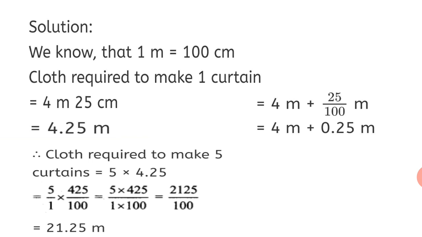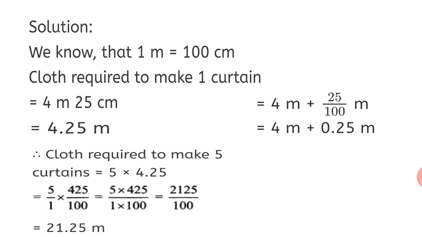Convert it into a common fraction. 5 upon 1 into 425 upon 100 is equal to 5 into 425 upon 1 into 100 is equal to 2125 upon 100 is equal to 21.25 meters. Since we have converted it into meters, we will write the unit meters. So the cloth required to make 5 curtains is 21.25 meters.